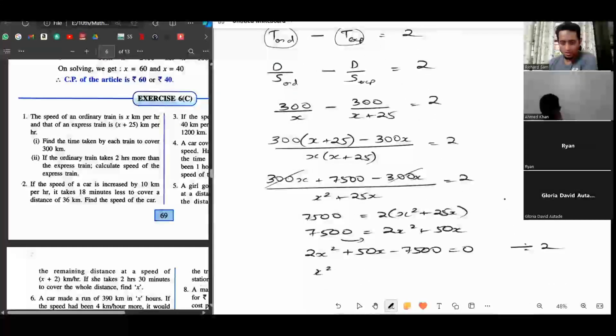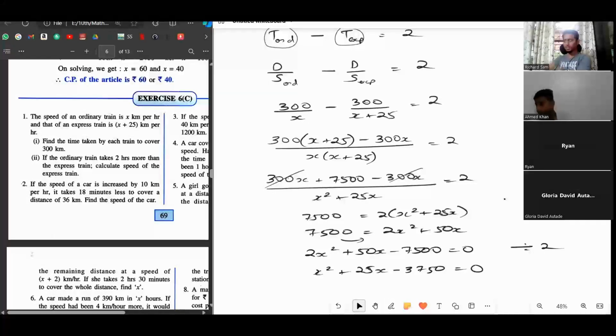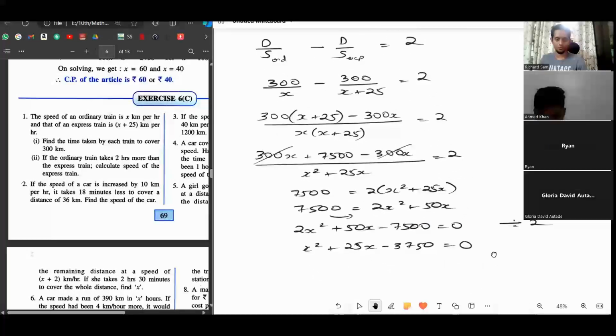So that is x square plus 25x minus half of 7500, which is 3750. This is your quadratic equation. How many of you got it correct? Yeah, divided by 2. Even if you don't divide by 2, you'll get your answer, okay? But the numbers will be too big. Okay, now continue.